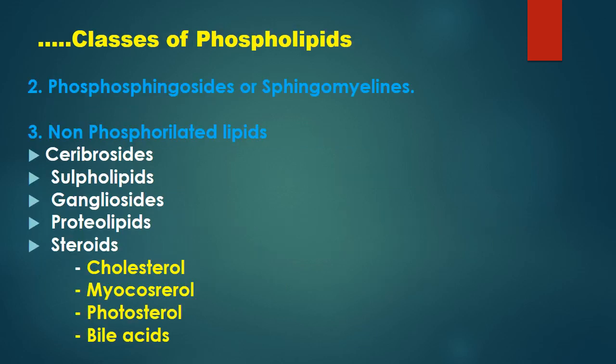Here is another category of phospholipid, the phosphosphingosides or sphingomyelins, and the third category is non-phosphorylated lipids like cerebrosides, sulfolipids, gangliosides, proteolipids, and steroids like cholesterol, all of which come in this category.